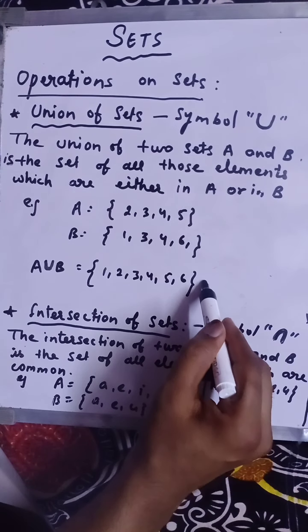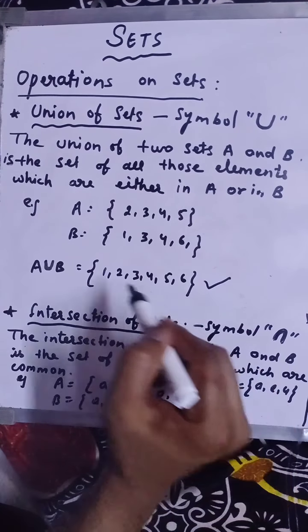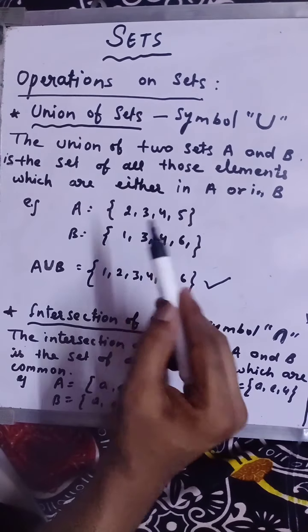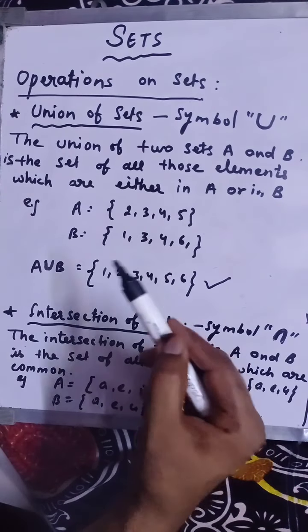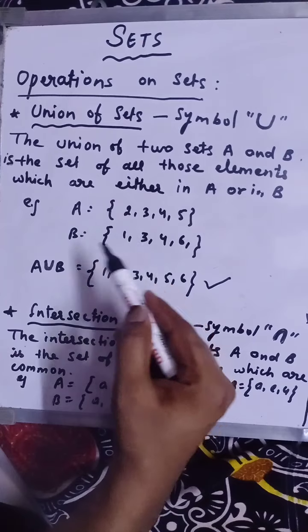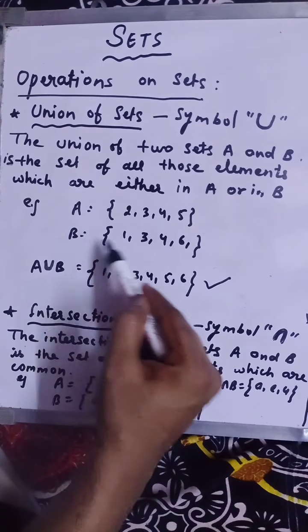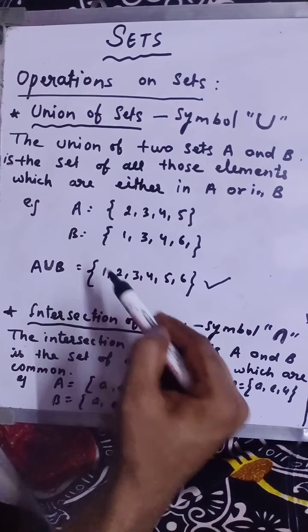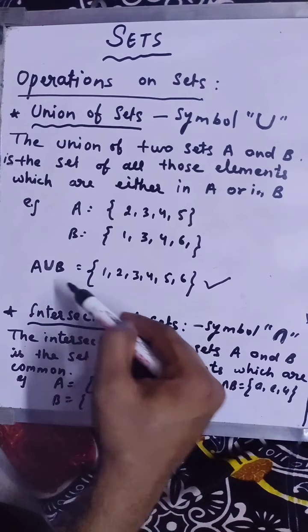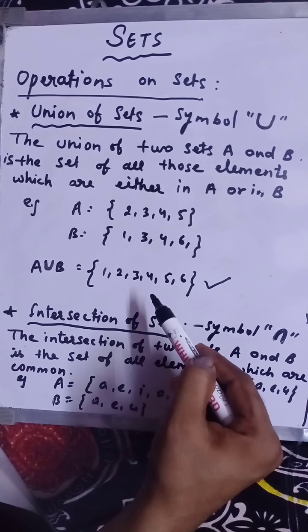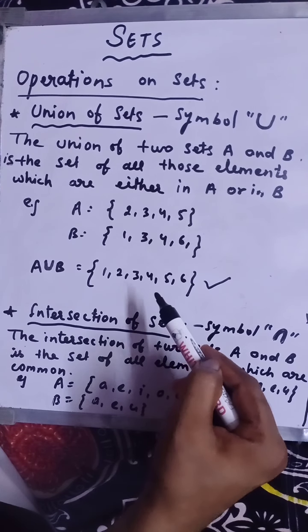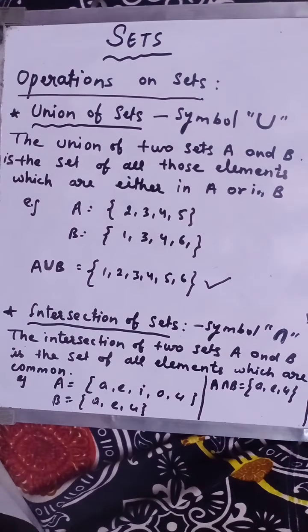So this is the union. Union means the set of both sets, you have to write all the elements which are coming in set A and B. So this is how we can find out the union. Is it clear?